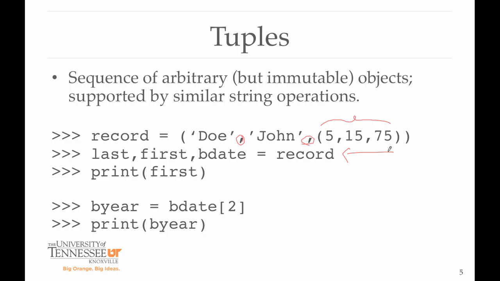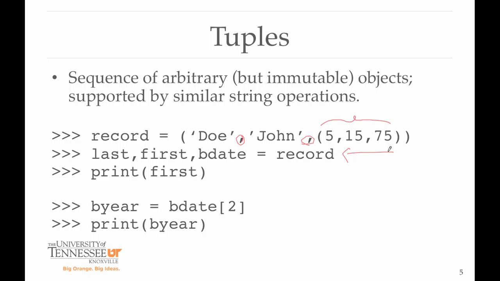In this case, last is going to be associated with Doe, first with John, most likely the first name, and this third tuple, which we said is a representation of a date, will be a birth date. We'll call that label B-date. So basically the interpreter is now creating variables, or I use the word label, but you could say variables, associated with each part of the tuple record.